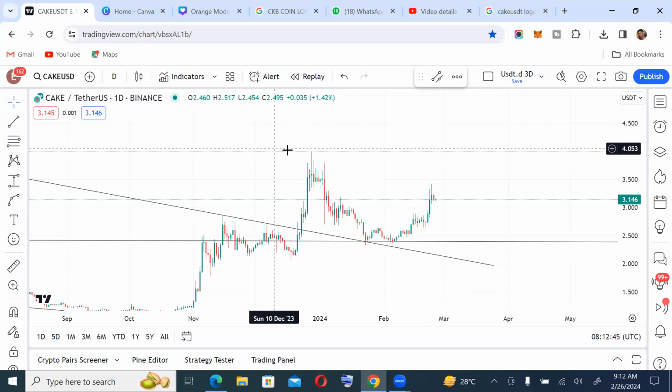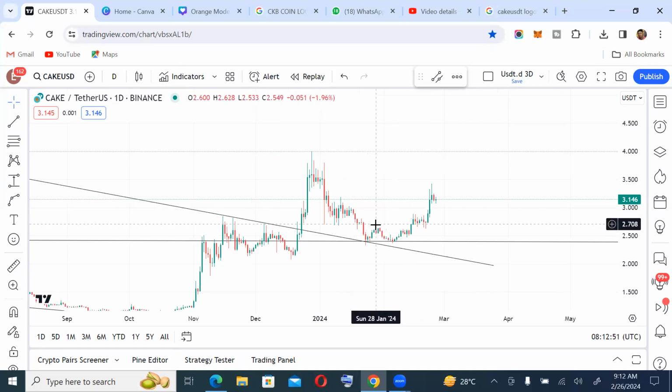So this is an accumulation schematic already playing out. We had our spring here, sign of strength. You can see the double bottom, price retested it perfectly.